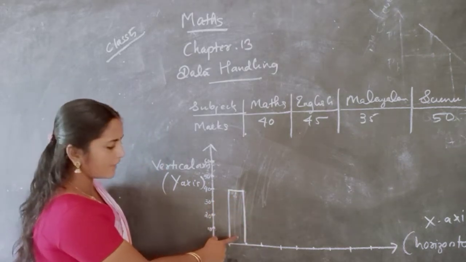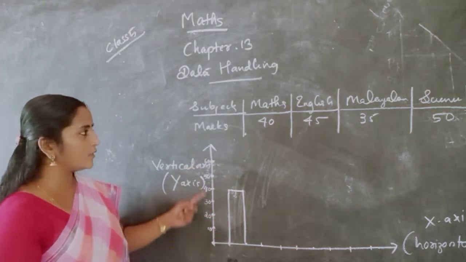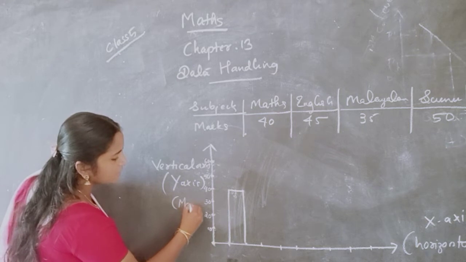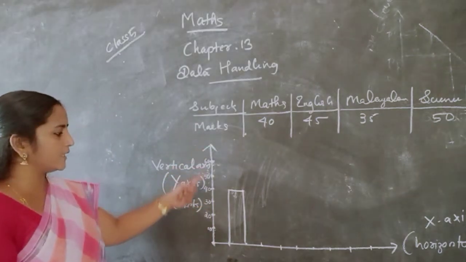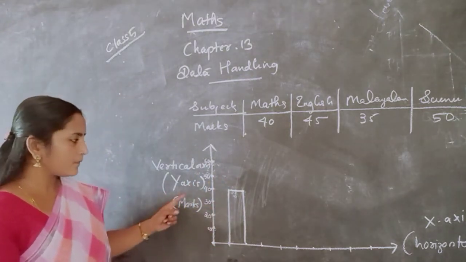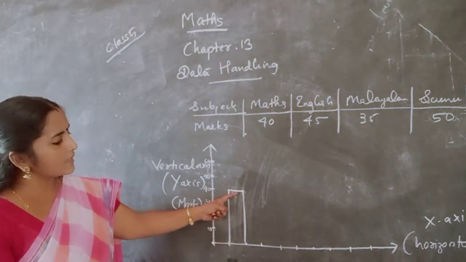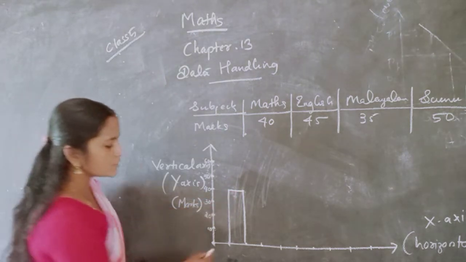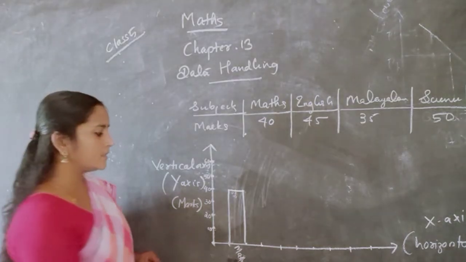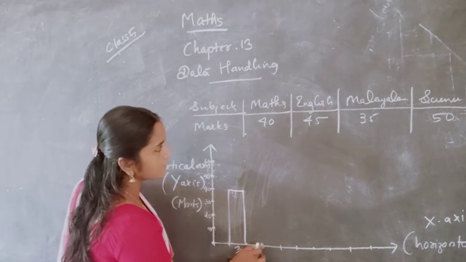This is a rectangle with height 40. This 40 represents the marks, and on the vertical axis you write marks, because this vertical line represents the marks of that student. This rectangle represents the marks of which subject? Maths. So here you write Maths.